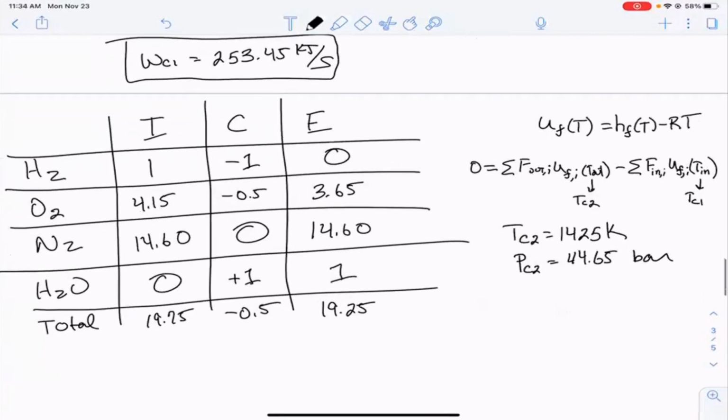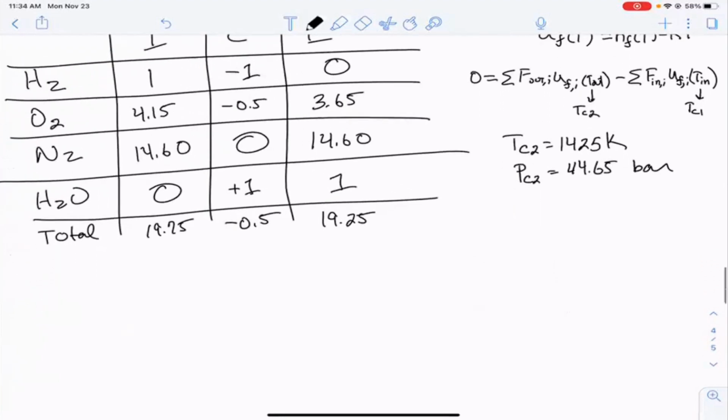Okay? And without belaboring the point, because I want us to actually be able to talk about this a little bit, we can do the exact same calculations that we did for the expansion as we did for the compression. It really is the same calculation, just the flow rates are slightly different. Now the initial temperature is the temperature leaving the combustion, and we're solving for the final temperature. The temperature leaving is 621.48 Kelvin.